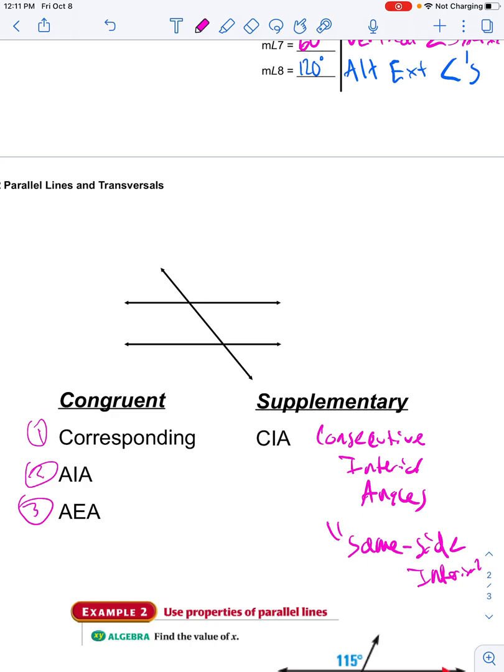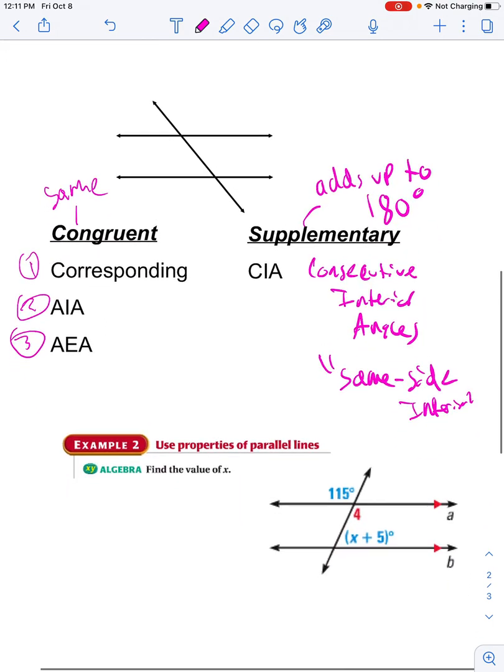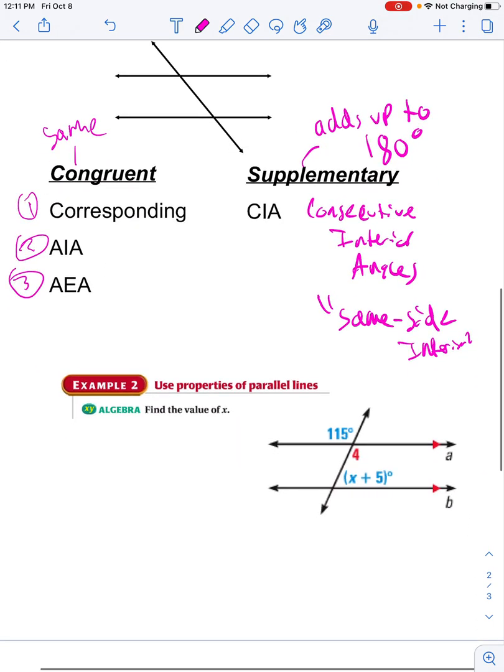Those are supplementary. So congruent means same. Supplementary means adds up to 180 degrees. So we can use these definitions. Again, geometry is a lot of definitions, but you can use it to figure out unknowns.